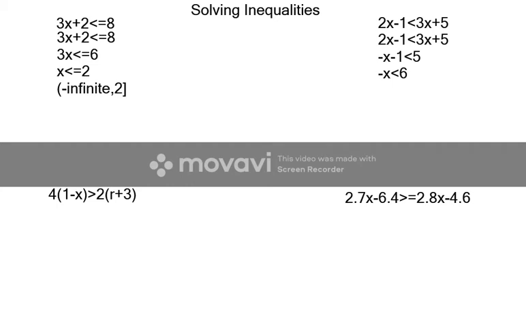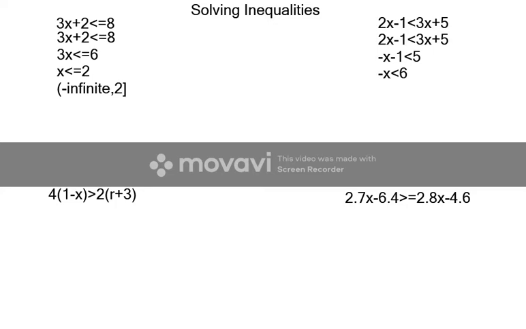From there, you divide by negative 1. Here's where it matters: whenever you divide or multiply by a negative value on both sides, you always have to make sure to flip the sign. That's very important. If you guys want, you can make a flashcard of this. When you multiply or divide by a negative number, you always have to switch the sign.